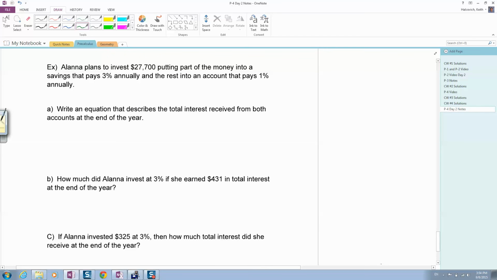All right, the next problem. Alana plans to invest $27,700, putting part of the money into a savings account that pays 3% annually and the rest into an account that pays 1% annually.